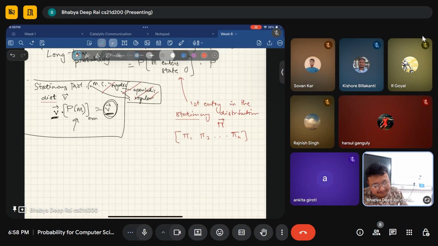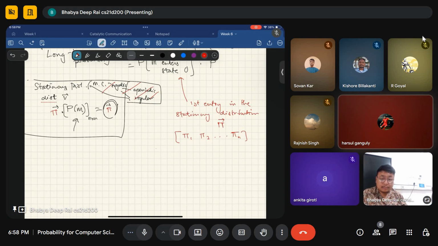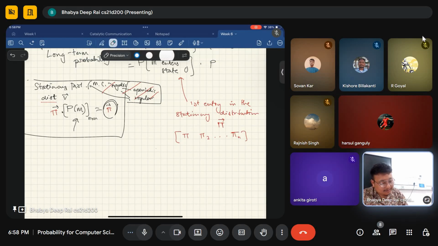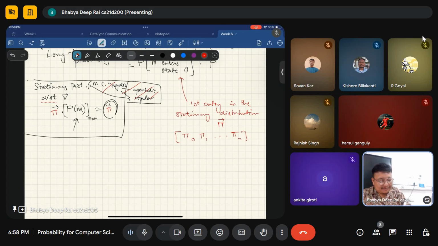Maybe because I wrote V, let me write pi. Pi times PM is pi, with pi 0, pi 1, and so on till n minus 1. In this case, it's 4. This represents the probability that I enter state 0 over a long period of time.